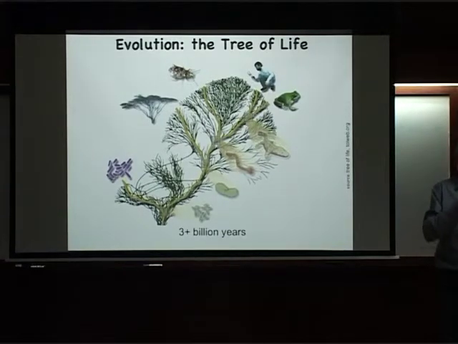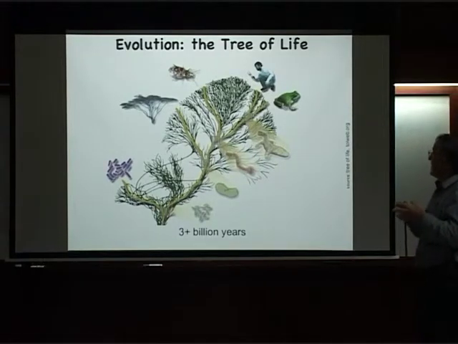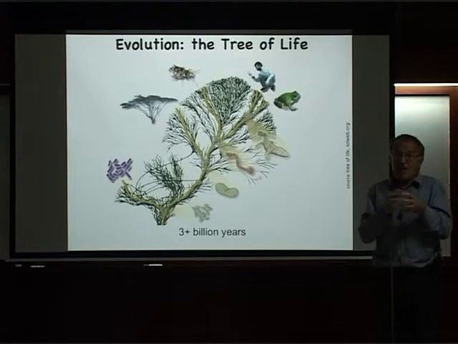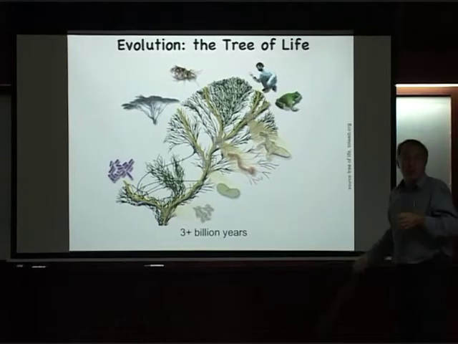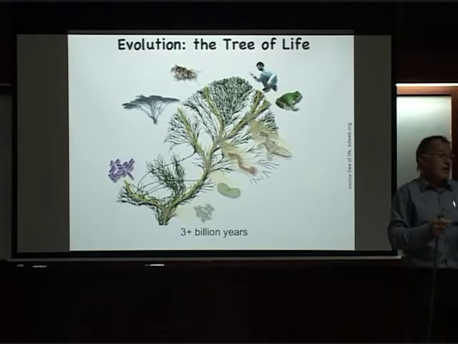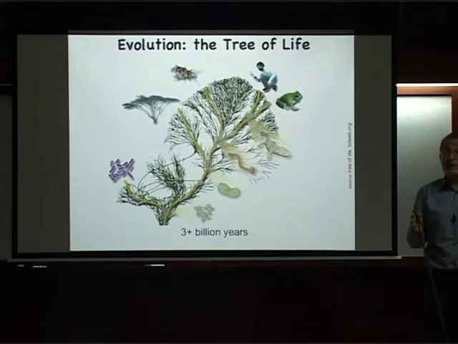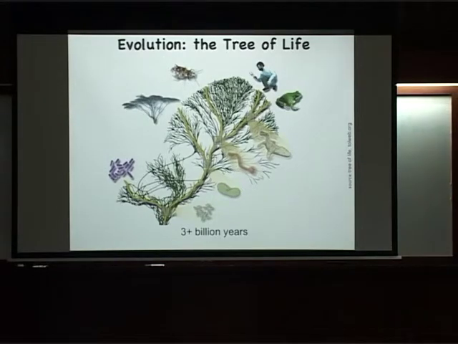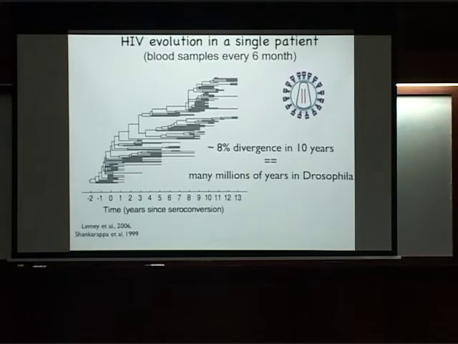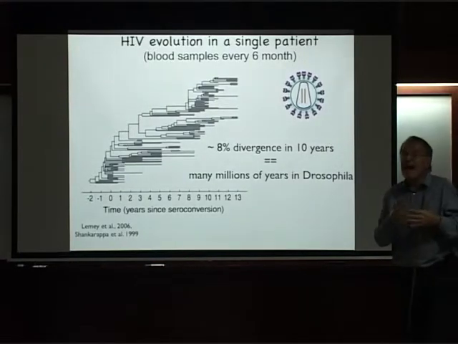So that's what the original classification was based on. Now, of course, we have the ability to reconstruct these genealogical trees from DNA sequences themselves. And in fact, that allows us to actually observe evolution in action.